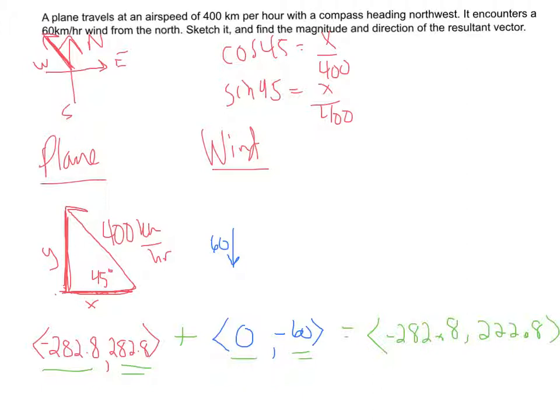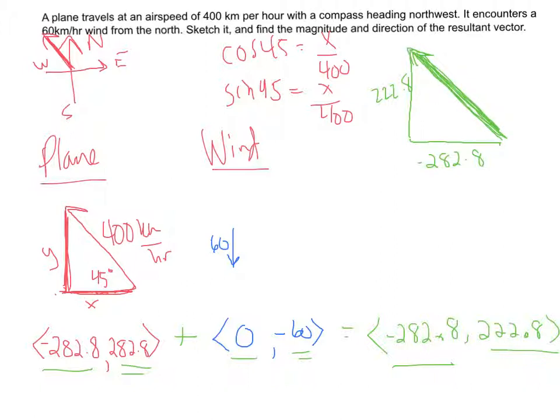So it asks us to find the magnitude and direction of that vector. What this is telling me is that the vector is going to have an x value of negative 282.8 and a y value of positive 222.8. So this is going to be our resultant vector right here. We need to find that magnitude.